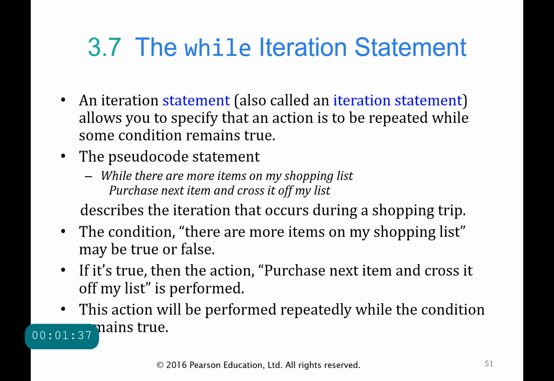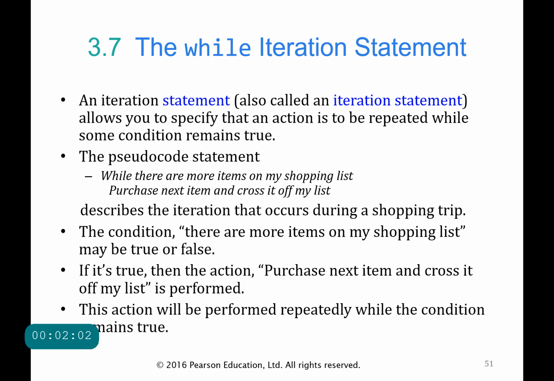So you purchase an item, then you cross it off your list, then you purchase the next item on your list, and then you cross it off your list. So this is something that you're repeating. So let's look at how a while statement works.